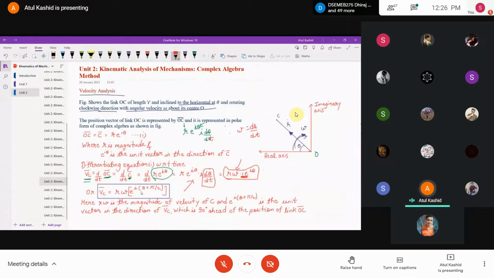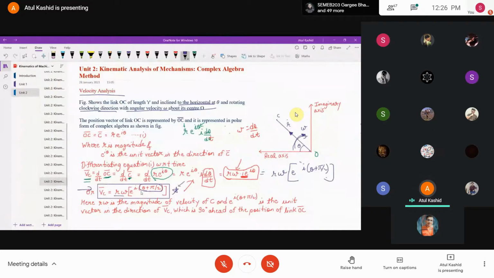So we can substitute. In place of i e raised to i theta, what will we write? e raised to i theta plus pi by 2. So this is the equation we got: VC bar is equal to R omega e raised to i theta plus pi by 2, right?